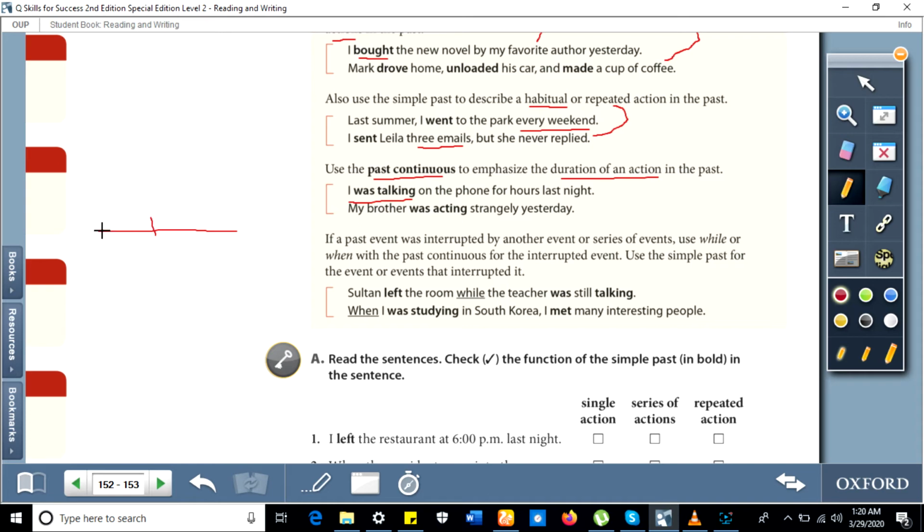So for this action, which is showing the duration, we use the past continuous, and for the action here which interrupts this duration, we use simple past, right? And with this duration we use when and while.